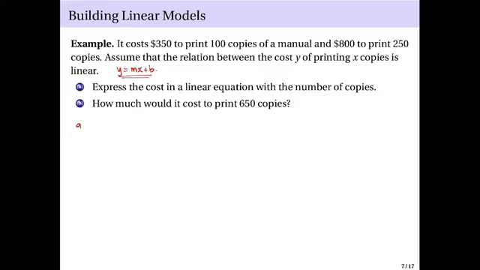Okay, so let's start with letter A. So let y be the cost of printing x copies of the manual.